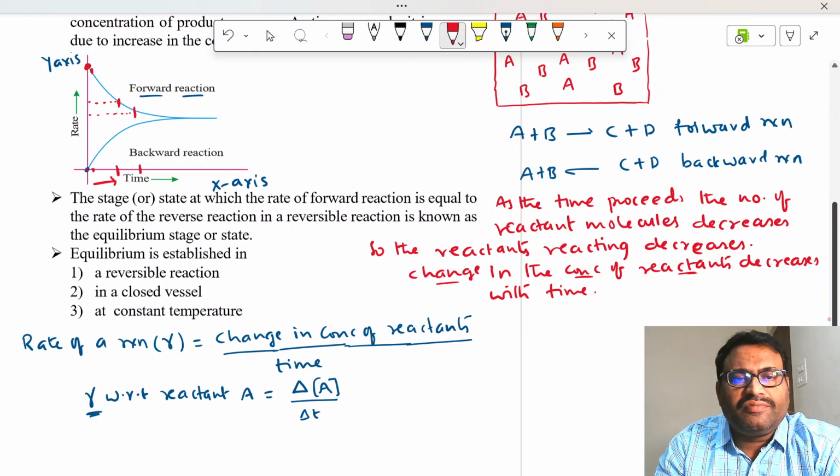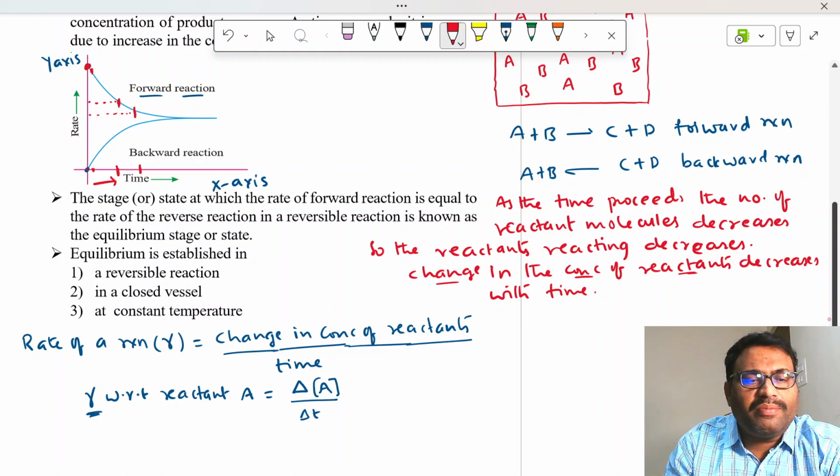Because as the time proceeds, as the reaction proceeds, the number of reactant molecules decreases. So the reactant molecules reacting decreases. So the concentration of the reactants also decreases. Okay, so the rate automatically decreases.